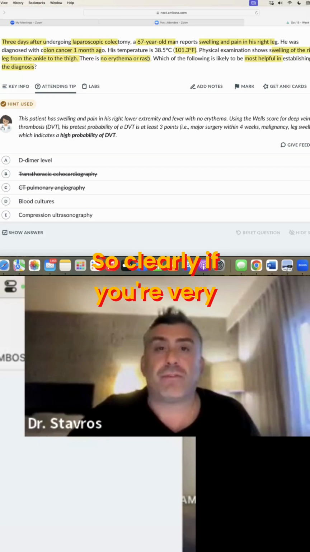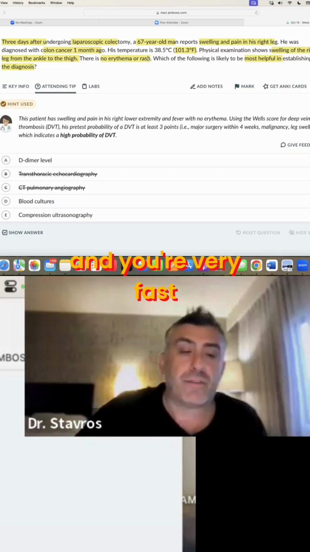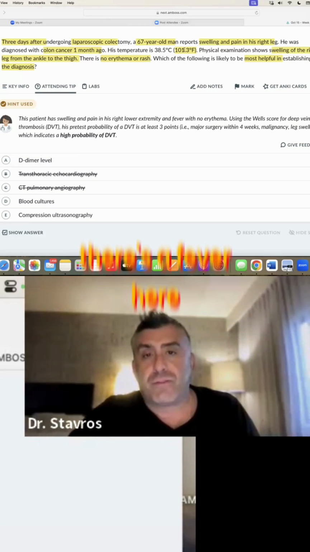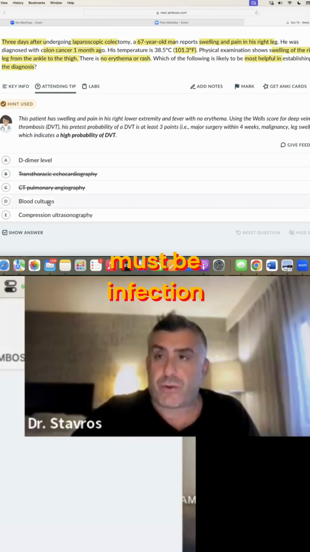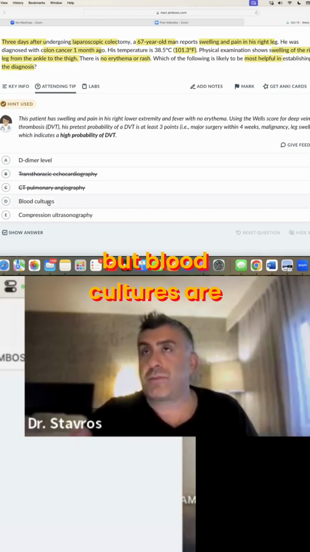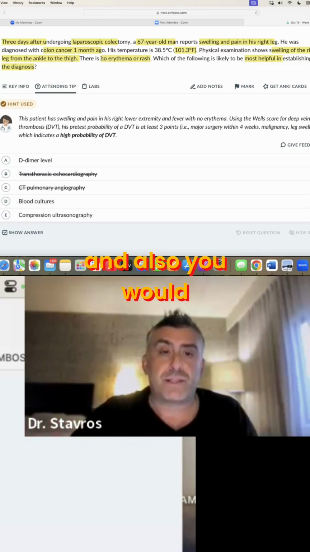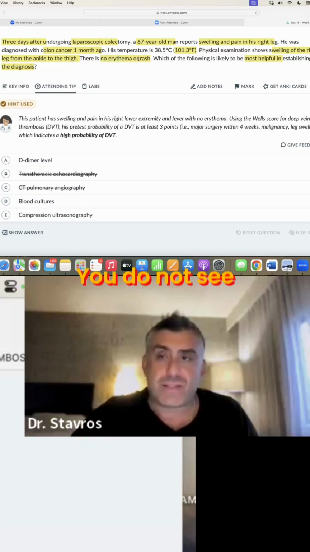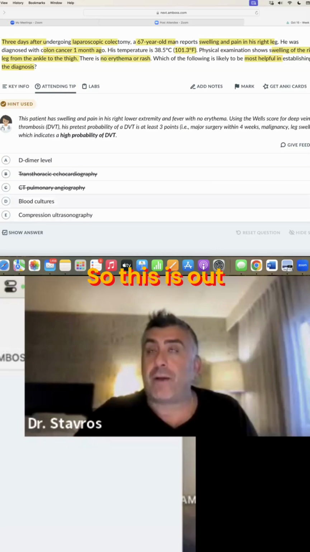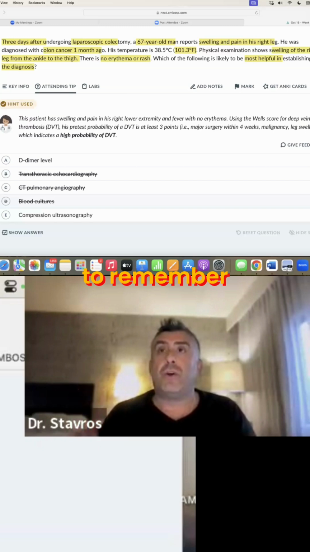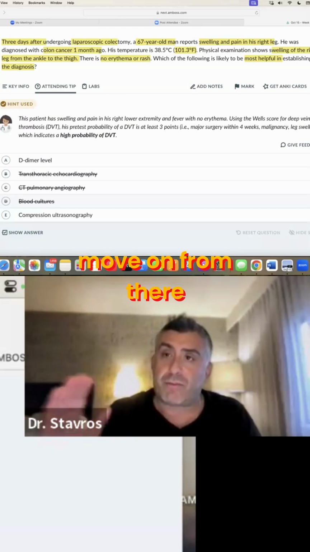So clearly, if you're very under the gun and very fast, you might say, well, there's a fever here, must be infection, blood cultures. Yeah, but blood cultures are for cellulitis, and also you would see some erythema or rash. You do not see that here. So this is out. Now you always have to remember, know the diagnosis and move on from there.